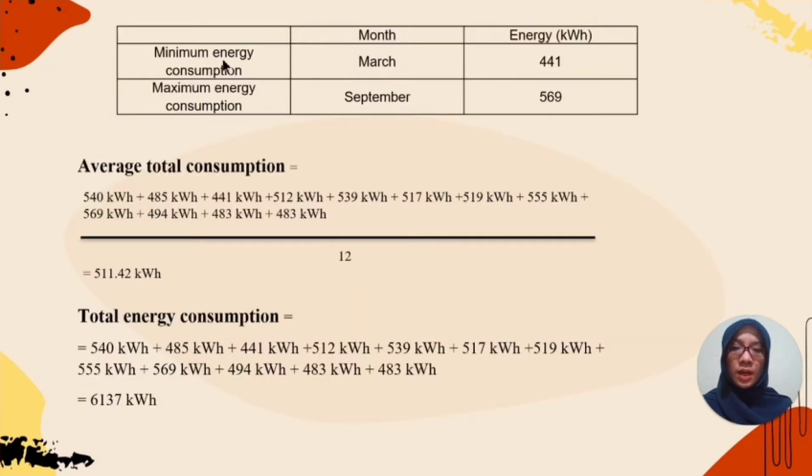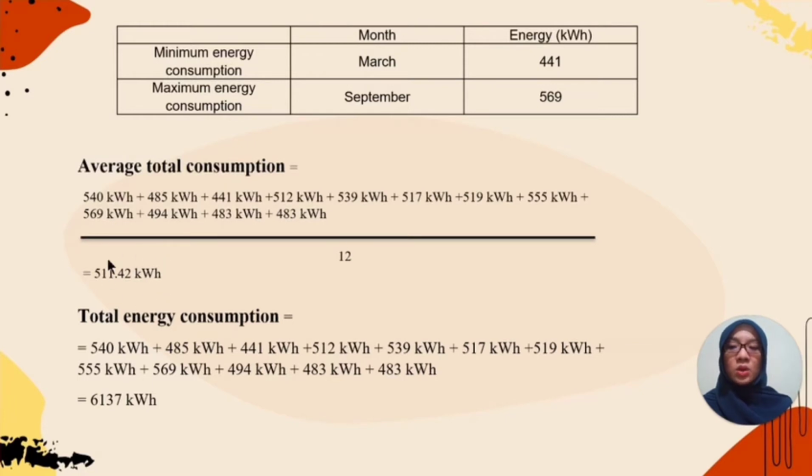The minimum energy consumption that we identified is for March, which is 441. Meanwhile, the maximum energy consumption is in September, which is 569 kilowatt. To calculate the average total consumption, we add all energy consumption for 12 months and divide it by 12.